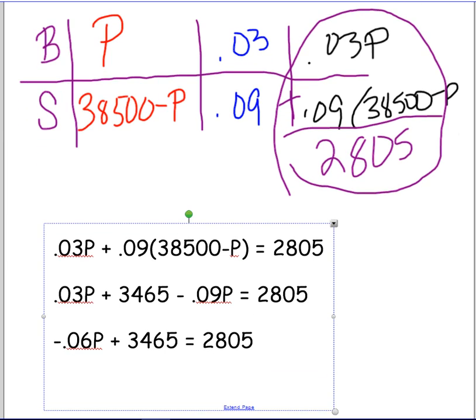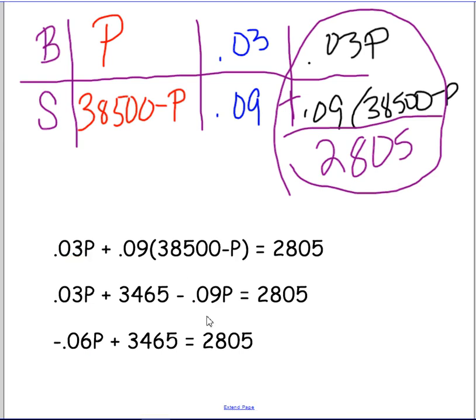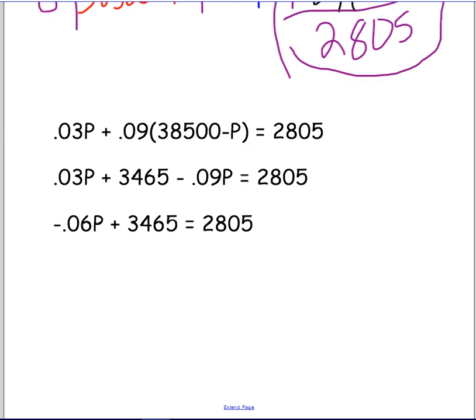After that, we need to subtract the 3465 from both sides because we need the p by itself. And so when we do that, let me just, I can type it.